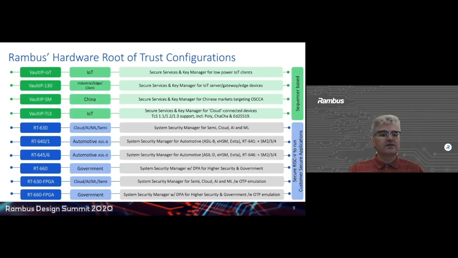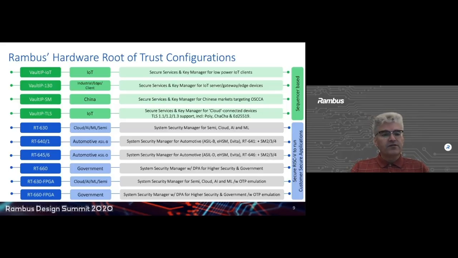Again, in the green, to keep the consistency in colors, is the default IP family comprising a low power IoT client, an industrial edge version, a specific version targeting China, not necessarily Chinese customers, but customers that want to see their products also be accepted in China with the OSCCA certification, and a specific gateway version with TLS implementations, including the more modern Poly, Cha-Cha, and Edwards Curve 25519 as examples. Those are existing pre-packaged, pre-validated, and FIPS certified solutions for IoT.